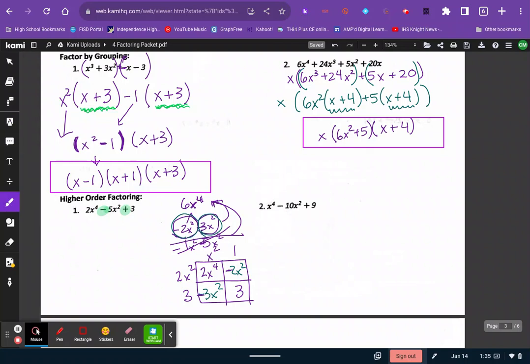And this is one of the rare occurrences where I get one negative in each spot. Usually I say don't factor out a negative unless both in the row or both in the column have a negative. But actually here, because of our special circumstances, these are both going to be negative. So let's write it out over here and then do a little double check.